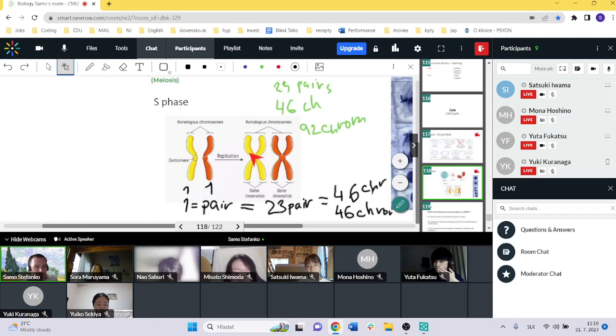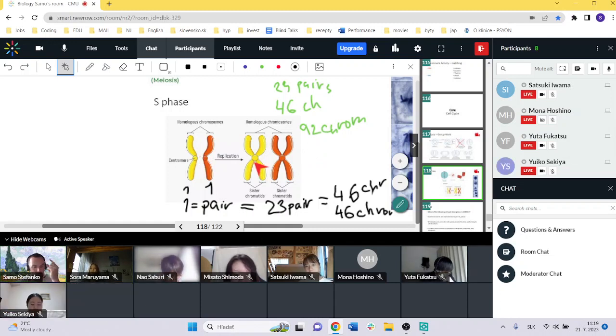We still have 46 chromosomes, but we have doubled the amount of chromatids. Before replication, it was one chromosome with one chromatid. After, we have one chromosome with two chromatids.